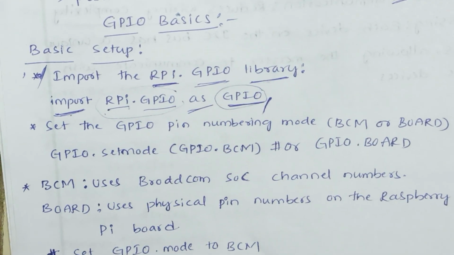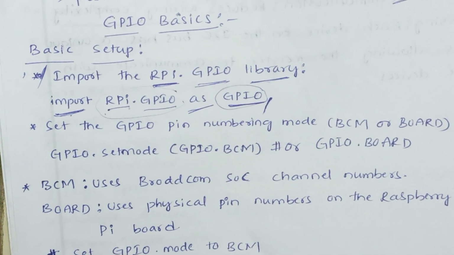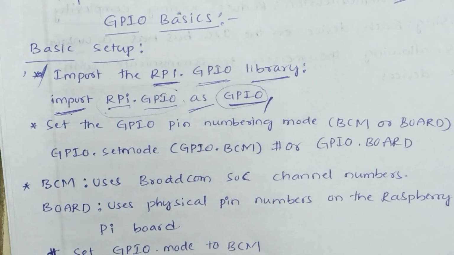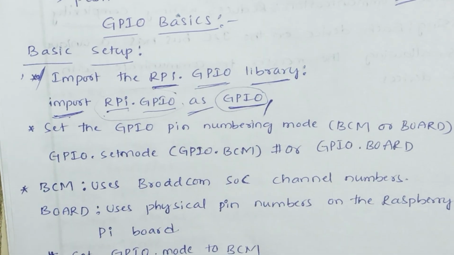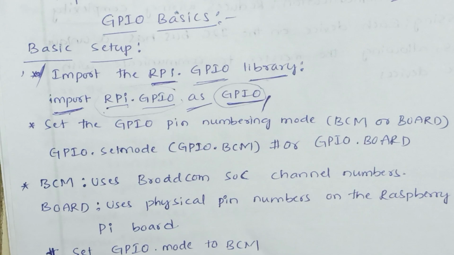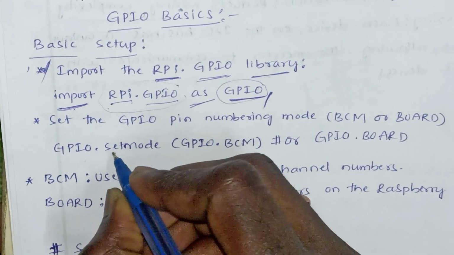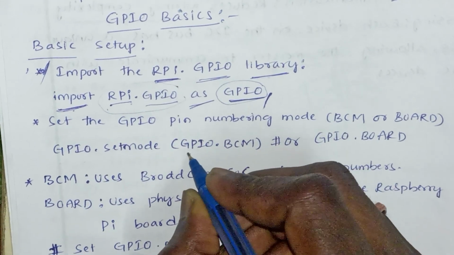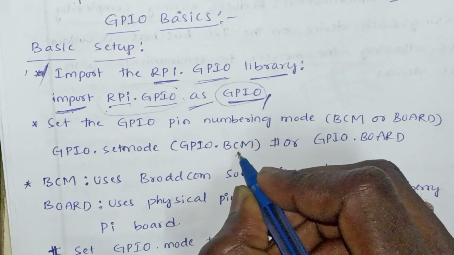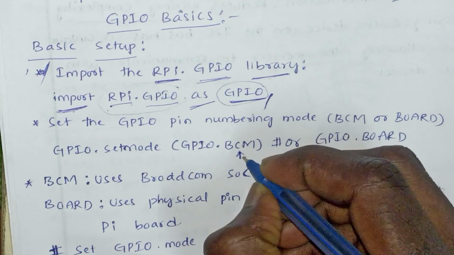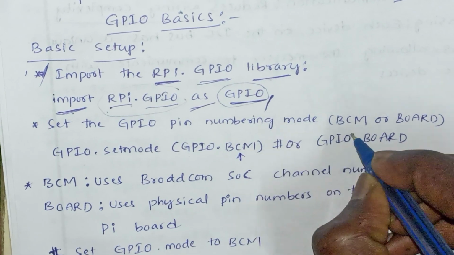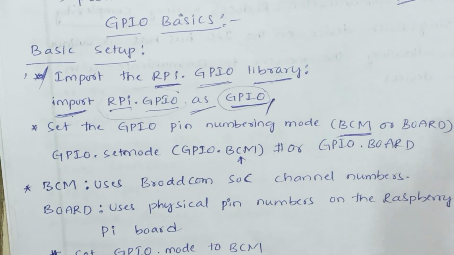Okay, next, set the GPIO pin number mode. Pin number modes are two types, BCM or BOARD. What is BCM, what is BOARD, we will discuss. Okay, see here, GPIO dot setmode. This is setmode of GPIO dot BCM. This is nothing but the GPIO numbering of this BCM mode. What is BCM mode?